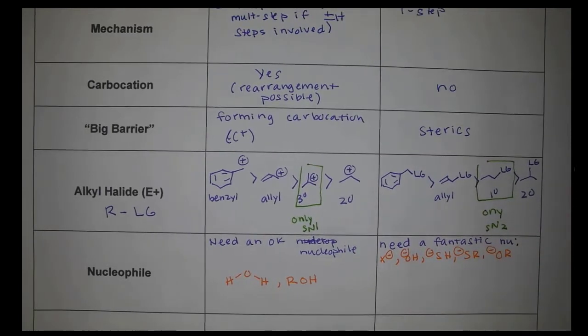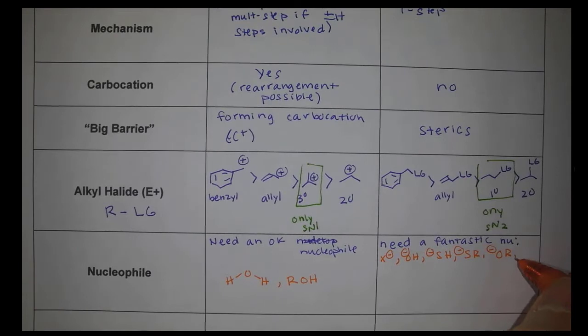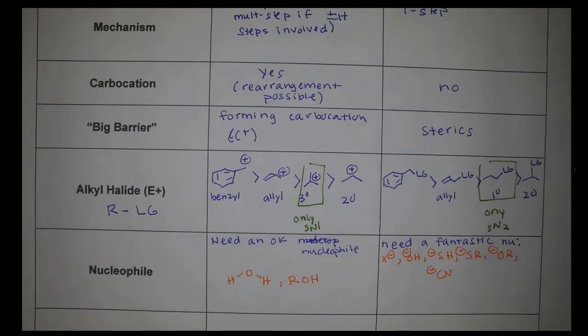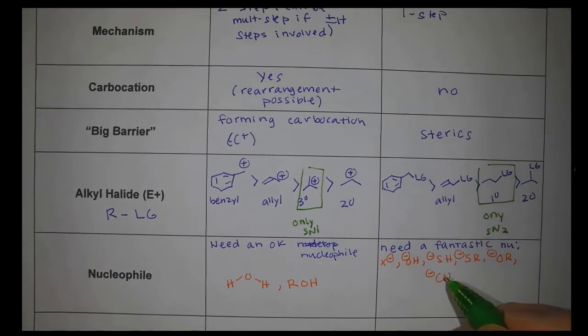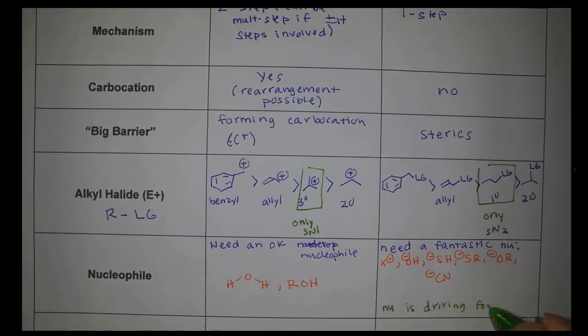You're okay with Totino's pizza or something frozen from the gas station because you're starving, and anything will pretty much work. But if you are not that hungry, you're going to be a little bit more particular about your pizza. So for SN2, you're not that hungry and you want to be particular. The nucleophile is the driving force here, so we need a really good one. So the Little Caesars hot and ready may work for your SN1, but not so much for your SN2.